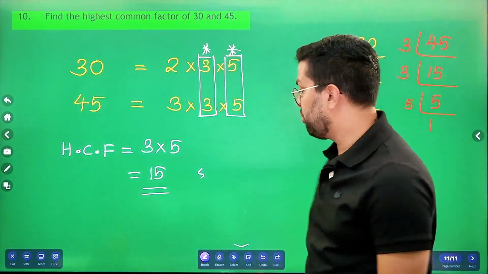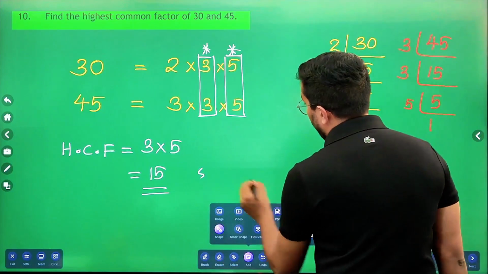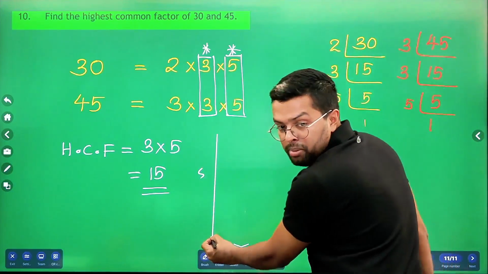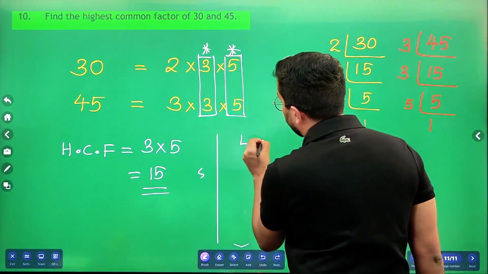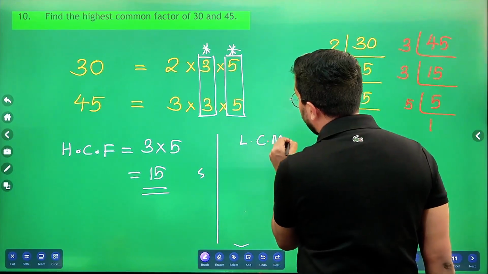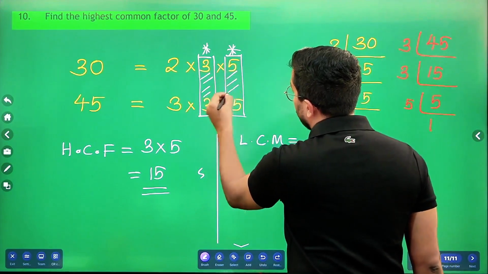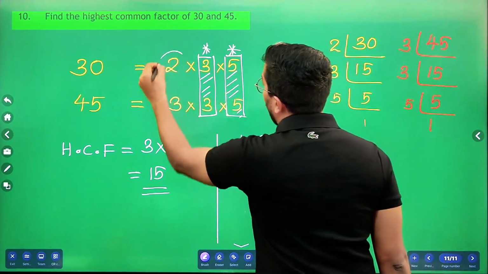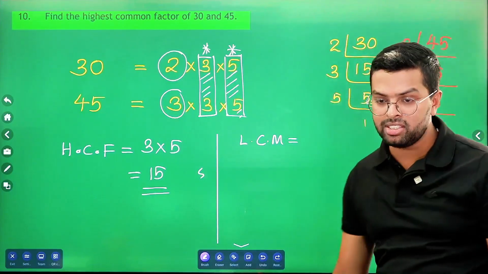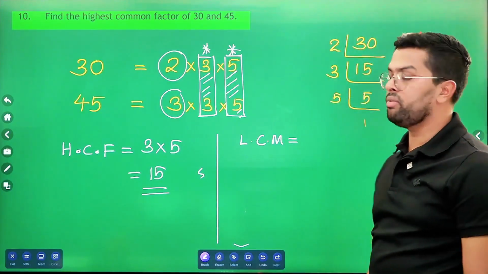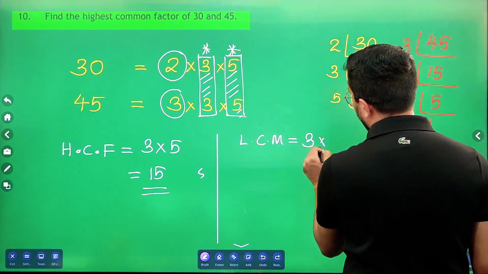Alright. So what if we are asked to find the LCM, the least common multiple? How are we going to find the LCM? After selecting these common numbers, you have to consider the isolated numbers as well. So the LCM of 30 and 45 is again 3 times 5.